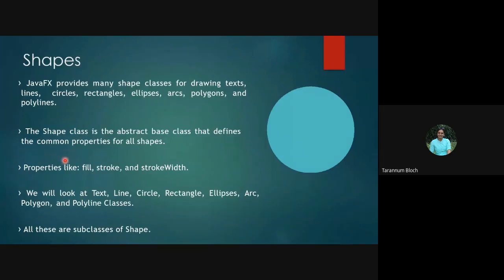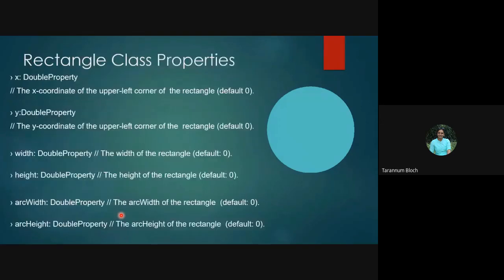And then we said we have shapes, and shape is having the common properties like fill, stroke, and stroke width. And along with that, other shapes are having their own properties. So we have text, line, circle, rectangle, ellipse, arc, polygon, and polyline classes in the shapes subclass. Fine. And we discussed all those.